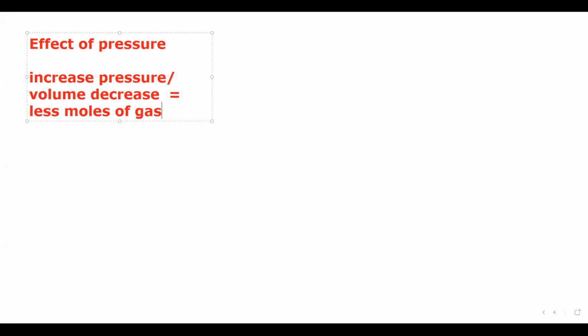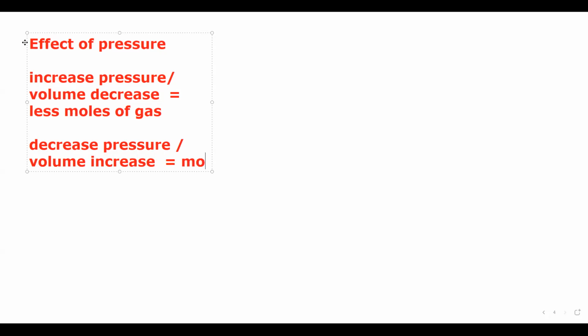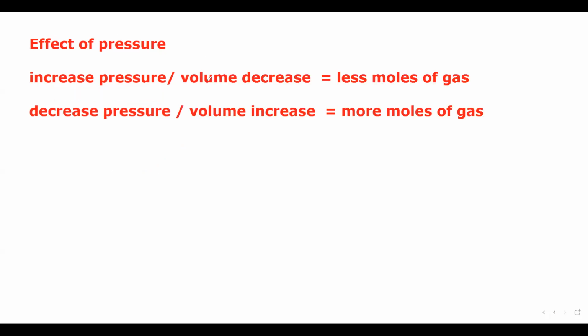And the opposite will happen if we decrease the pressure or increase the volume. Equilibrium will shift towards the side where we have more moles of gas. So this is always the case. The factors which affect the position of equilibrium depend on the gaseous reactants and products and the number of moles especially.